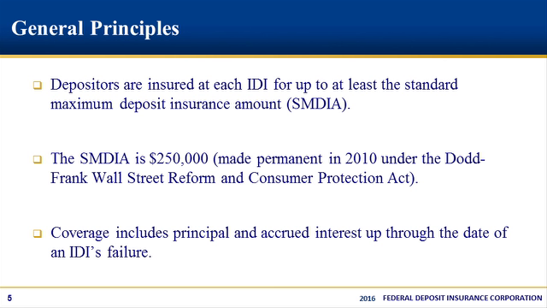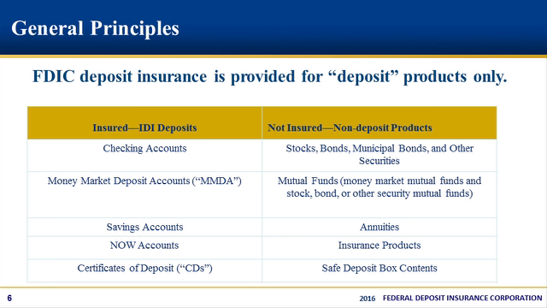Deposit insurance coverage includes principal and accrued interest up through the date of failure of the bank. An important point to remember is that the FDIC only insures funds that qualify as a deposit. The issue of what is or is not insured is one of the most common questions that depositors ask the FDIC.